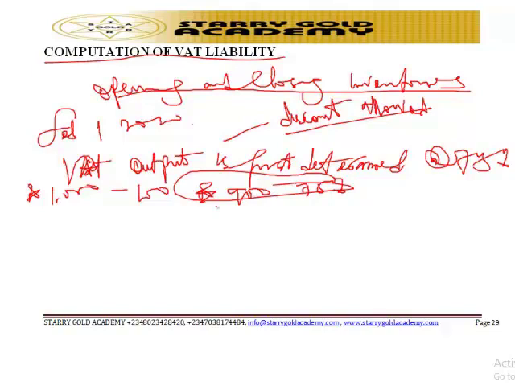Do you understand? So in computing VAT liability, the VAT output is first determined by applying the VAT rate of 7.5% on the total sales net of allowable sales adjustments, and thereafter VAT input is also determined by applying the VAT rate of 7.5% on purchases net of discount received or any other type of allowable purchases adjustments, such as discount received, probably we have return outward.